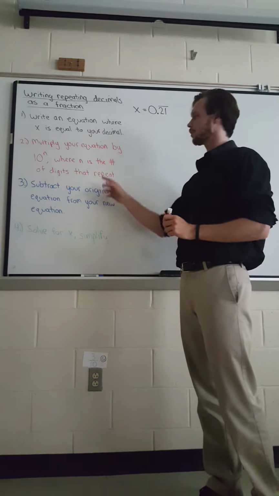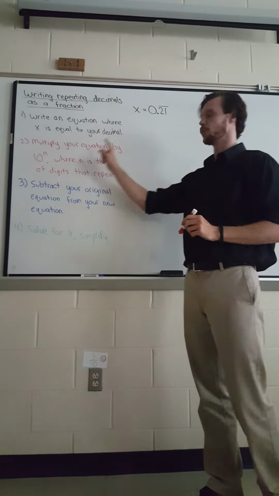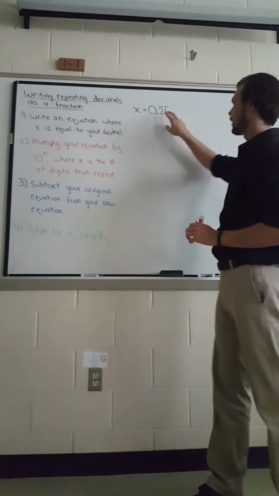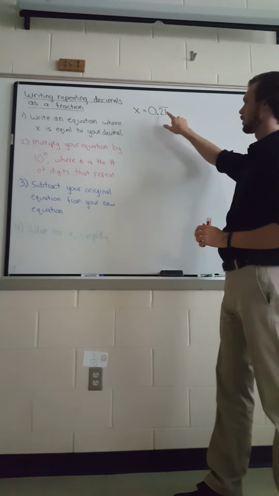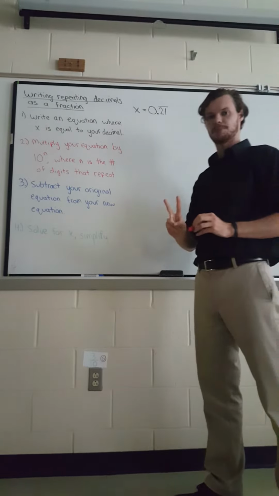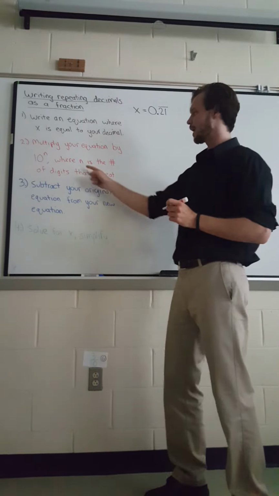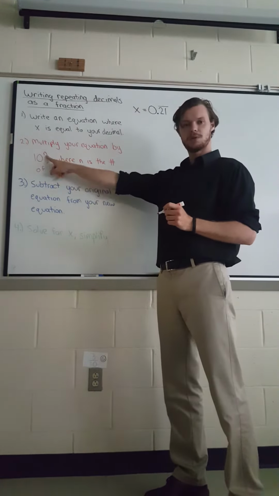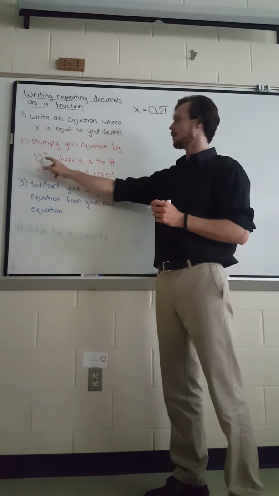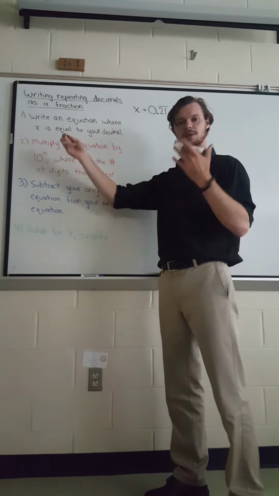Before, we multiplied our equation by 10 because we only had 1 digit repeating. In this problem we have 2 digits repeating. This is 0.21212121, a 2-digit repetition. So now we're going to have 10 to the power of 2, where n is 2 for the number of digits. 10 to the power of 2 is 10 times 10, which is 100.